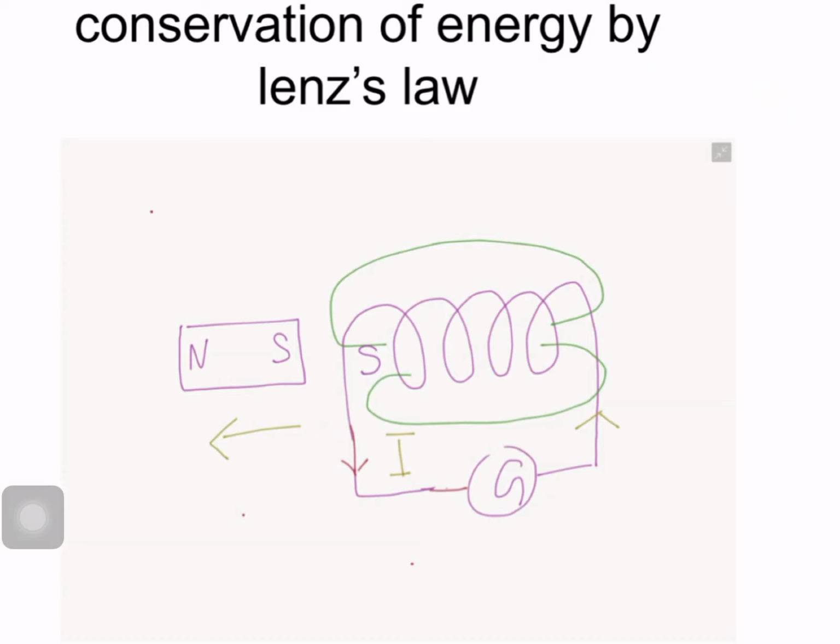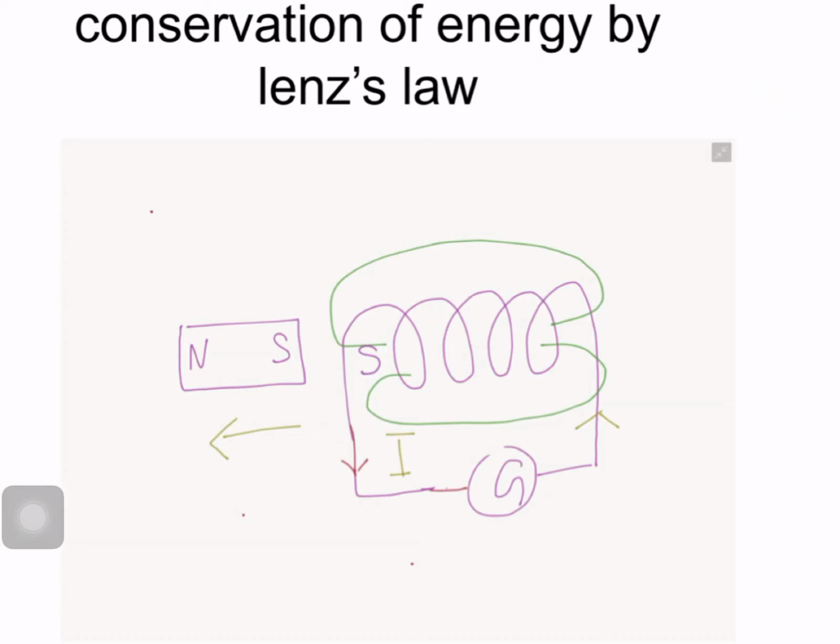And hence, finally, one more question arises. If a person gives energy or does work on the bar magnet to move it towards the coil, what about the work done by the person? The question arises, what about the work done on the bar magnet?